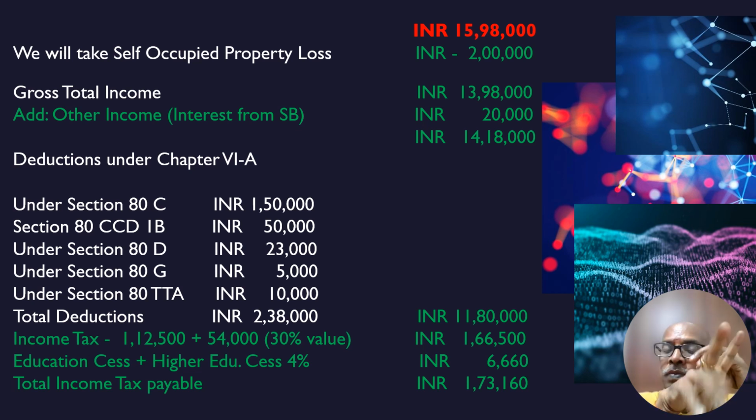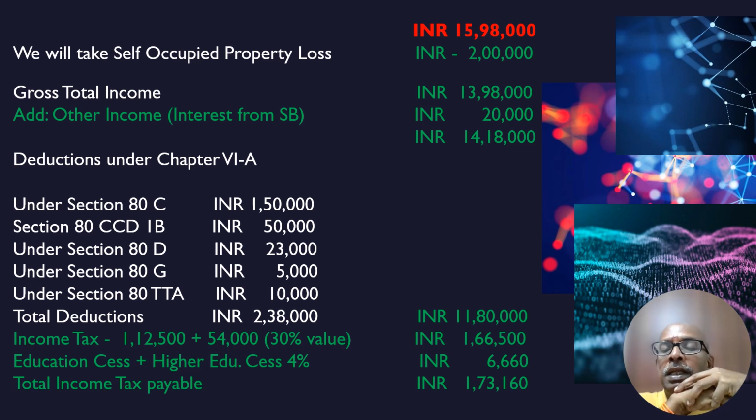Now this 11 lakhs 80,000 comes across all these slabs. The first slab, up to 2.5 lakhs, no tax, leave it. Above 2.5 lakhs up to 5 lakhs is 5%, which is 12,500. And above 5 lakhs up to 10 lakhs is 20% on that value, which comes to 1 lakh. So 1 lakh 12,500 plus, beyond 10 lakhs, is 1 lakh 80,000.